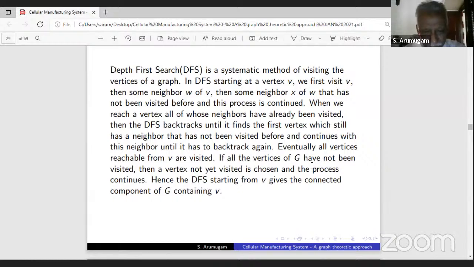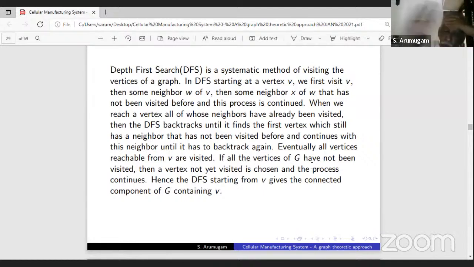So if this algorithm terminates by visiting all the vertices, then we can conclude the graph is connected. So DFS gives an efficient algorithm to check whether a given graph is connected.